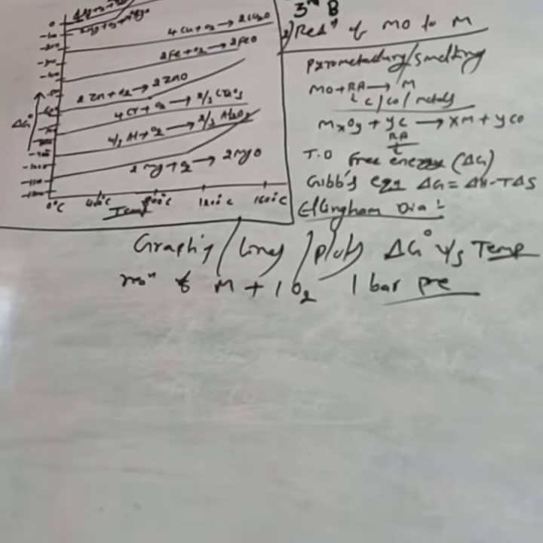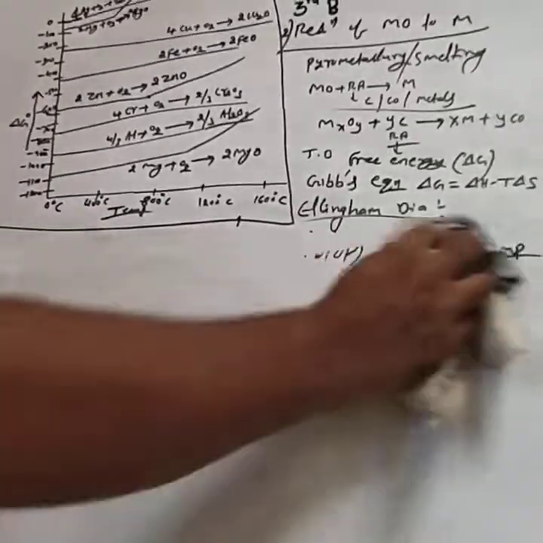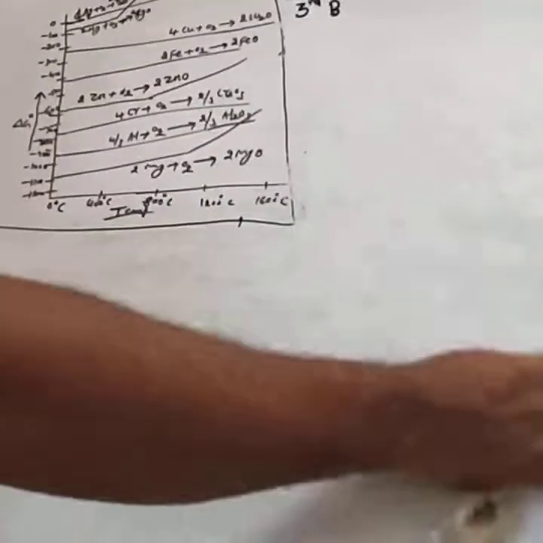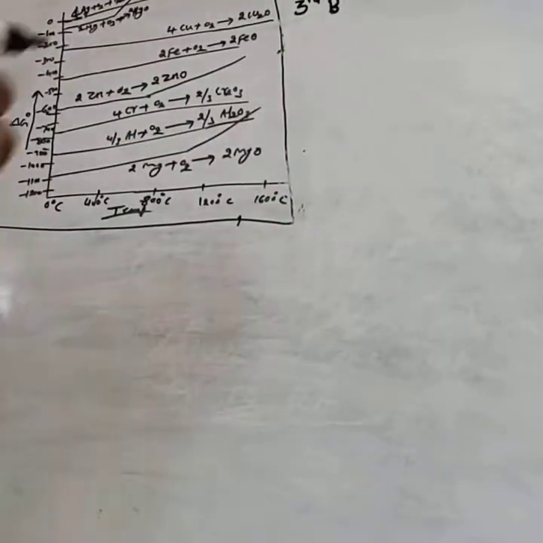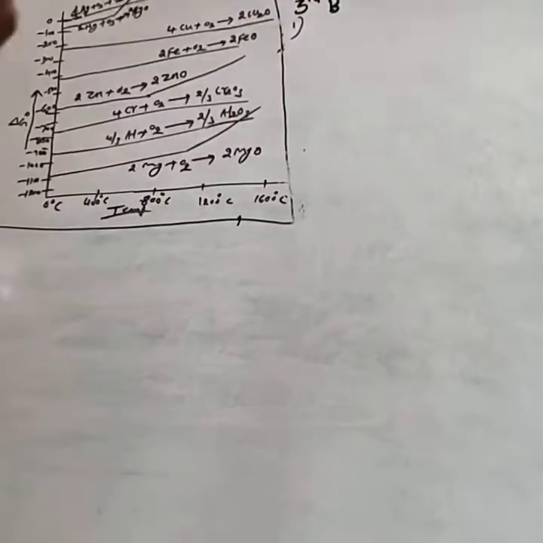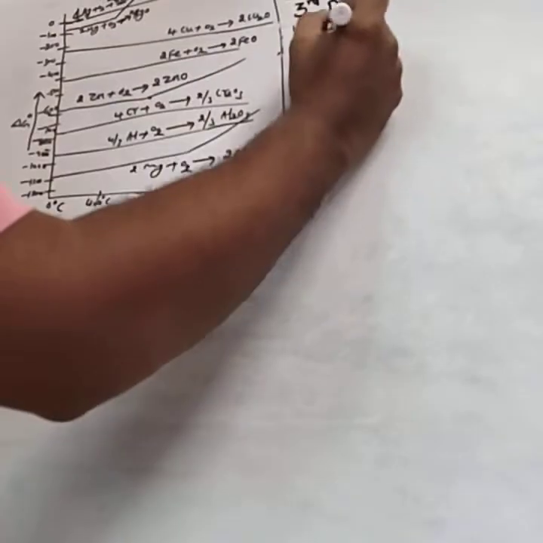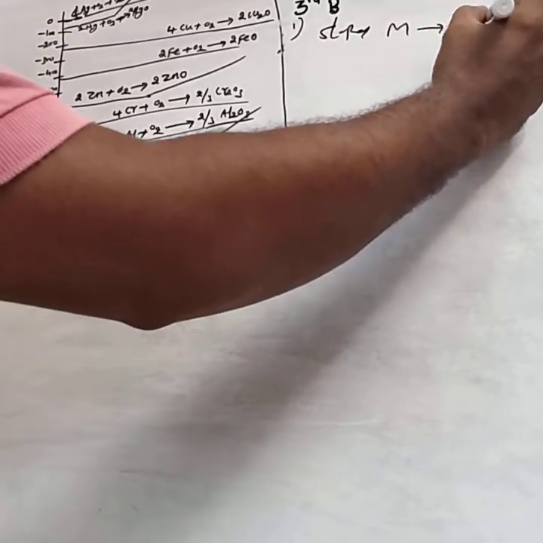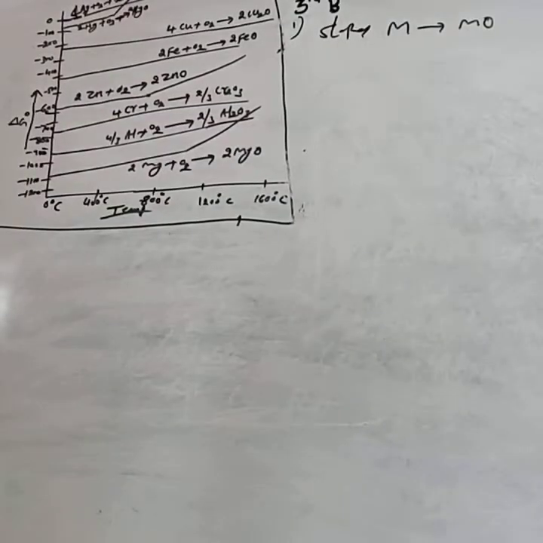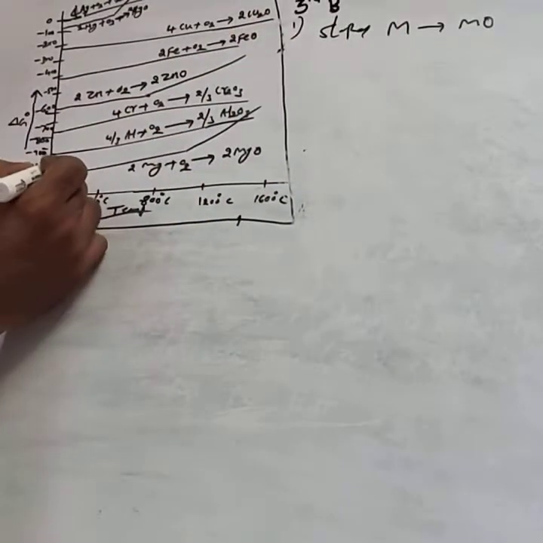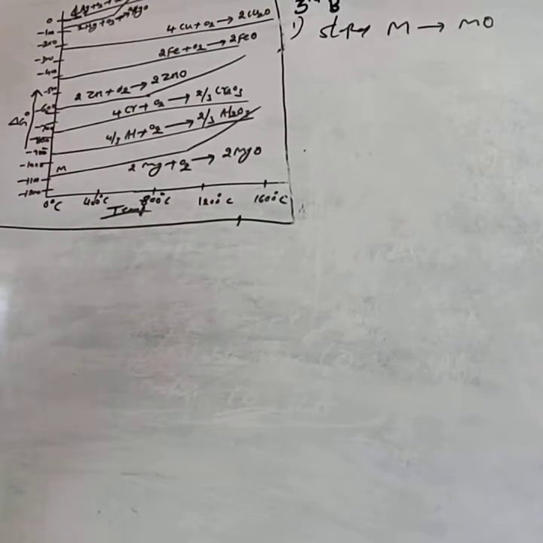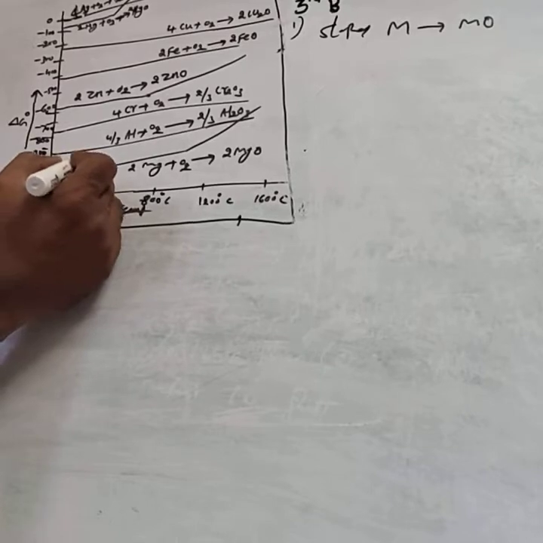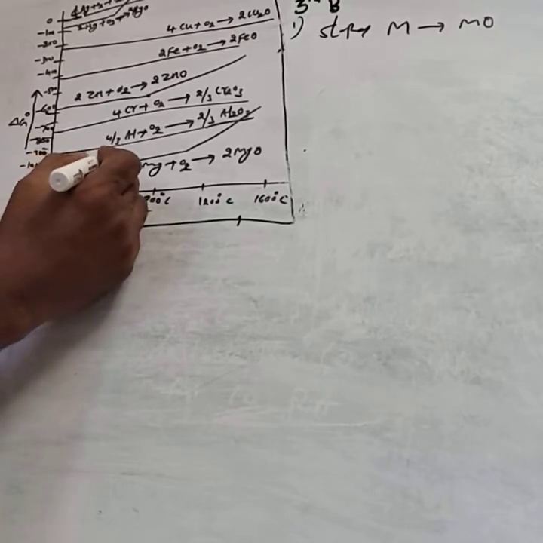Then you can study the characters of this Ellingham diagram. The first character of the Ellingham diagram is the slope of metal to metal oxide. Here metal is present. When metal reacts with oxygen, it is converted into metal oxide.